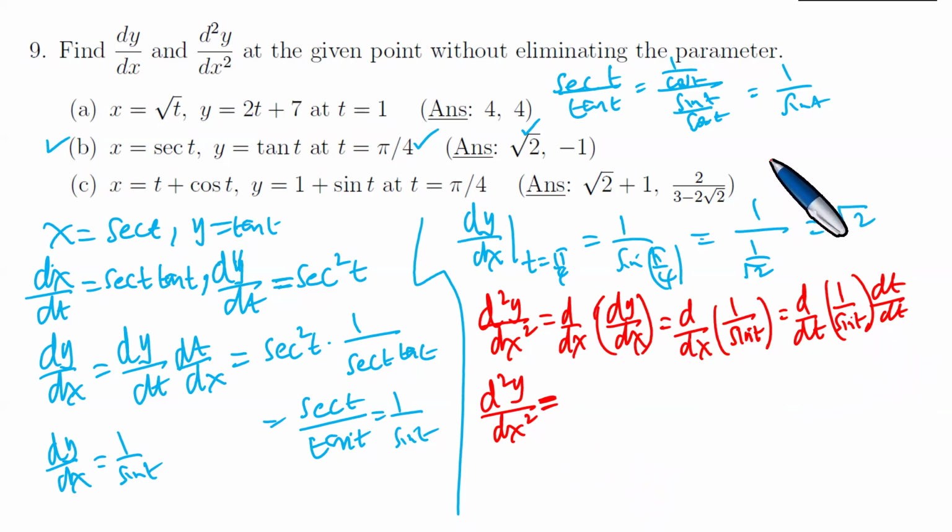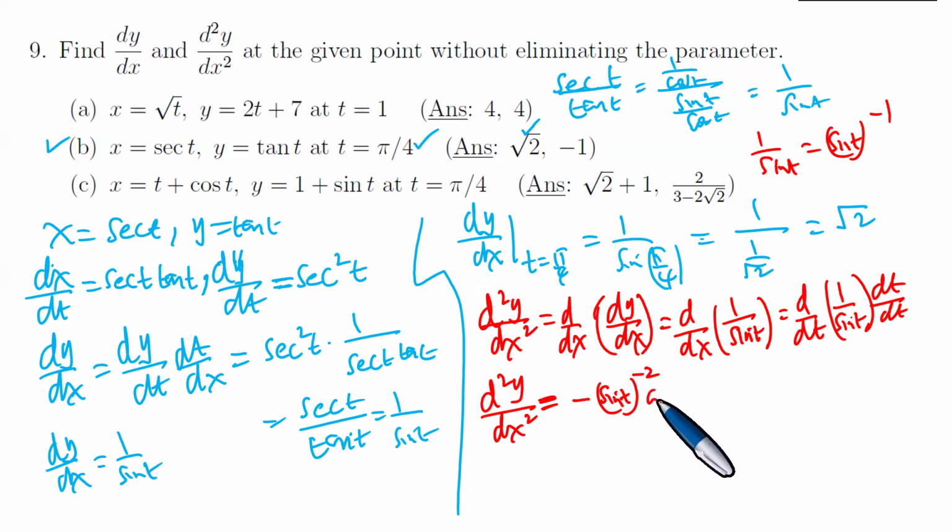If you differentiate 1 over sine t, it becomes sine t to the minus 1. Okay, so then the derivative becomes cosine t.